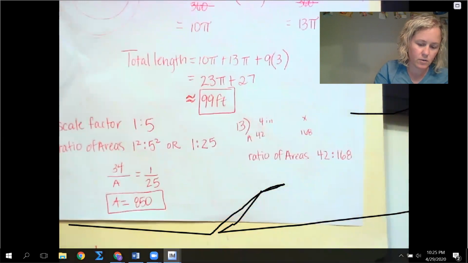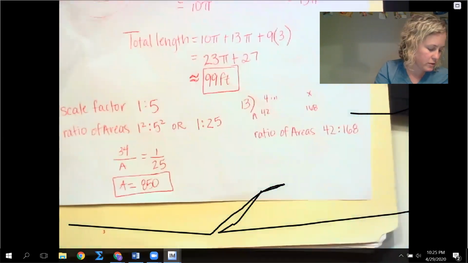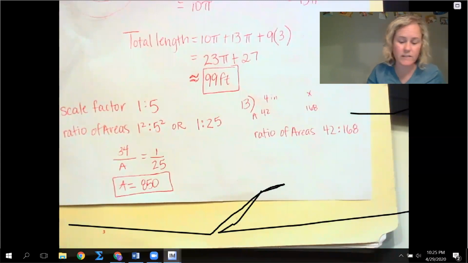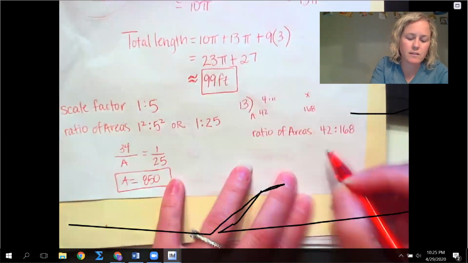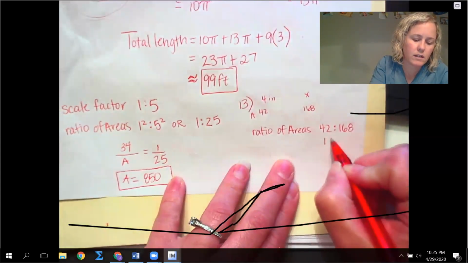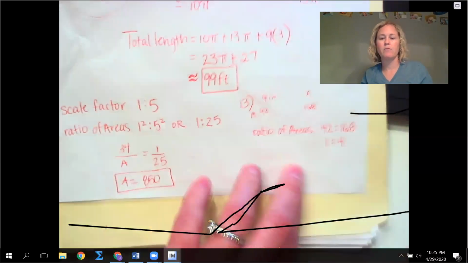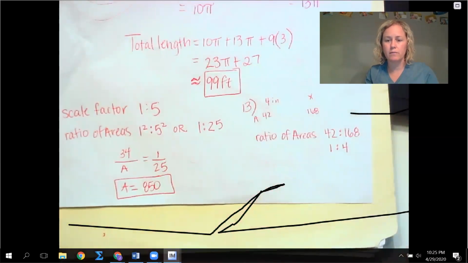I think both of those are divisible by 42. So this is the same thing as saying 1 to 4. The ratio of areas is 1 to 4.